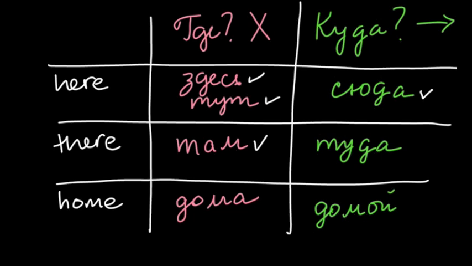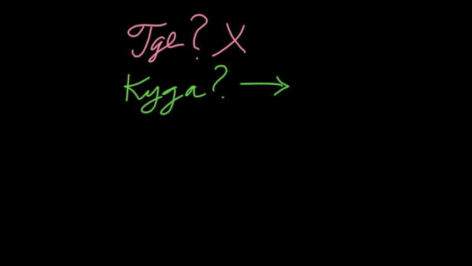Versus there, going towards there. Туда. And of course, again, it rhymes with куда. At home, in that place. Дома. Going towards home, or as Paul Simon would say, homeward bound. Домой. Home is a special place, so it has special forms. Где? In what place? Куда? Towards what place?